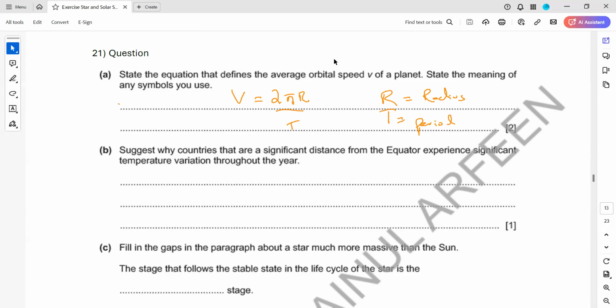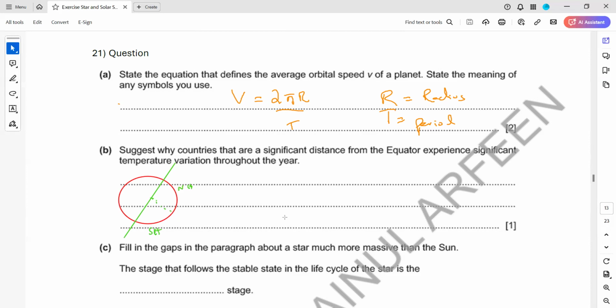The main reason is that the Earth's axis is slightly tilted. The Earth's axis is not exactly vertical, it is slightly tilted. So for example, the Northern Hemisphere and the Southern Hemisphere.